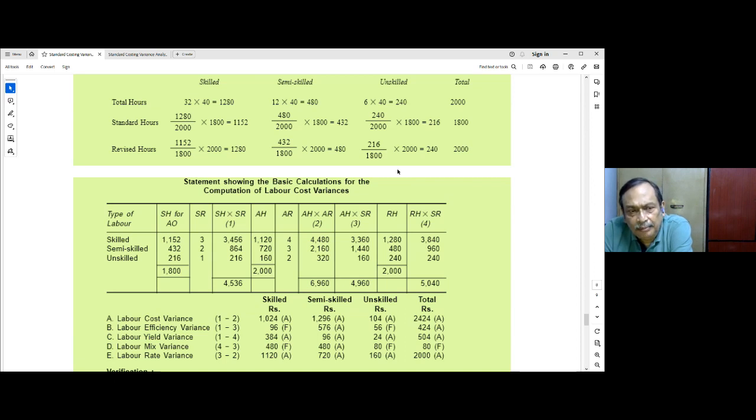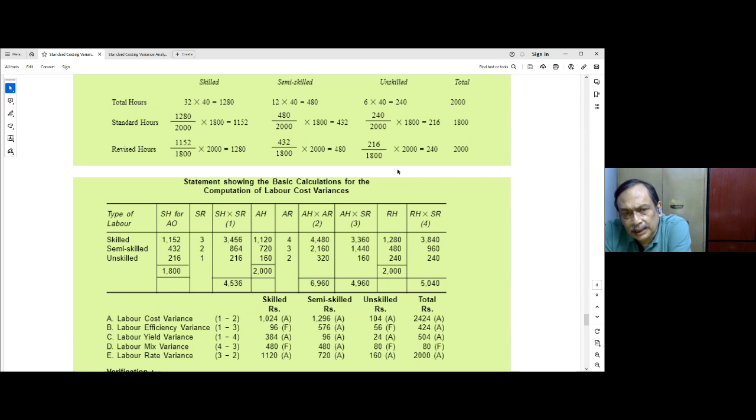So we are having type of labor: skilled, semi-skilled, unskilled. Then standard hours for actual output. We have jotted down 1152, 432, 216, that is 1800. Standard rate is 3, 2, and 1. Then SH into SR, let it be 1, it comes to 3456.